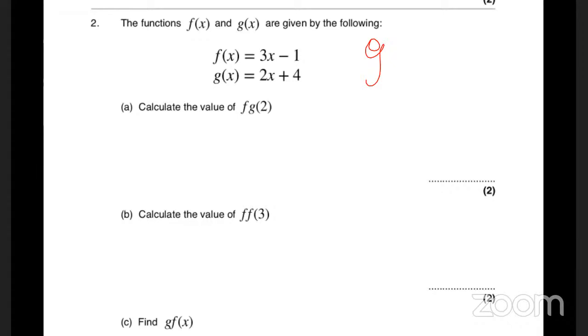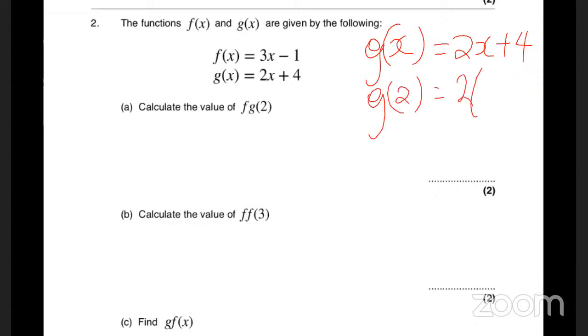So I wrote it down incorrect. Thank you so much for that. So g(x) equals 2x plus 4. I wrote plus 1. So G2 is actually 2 times 2 plus 4, which gives us 2 times 2, which is 4, plus 4, which gives us 8.